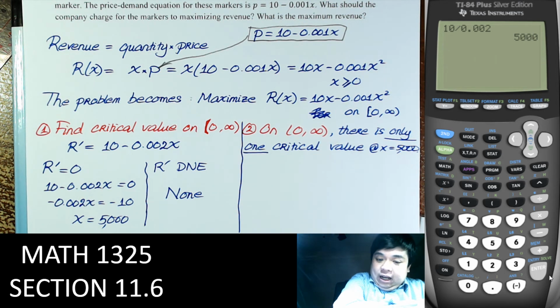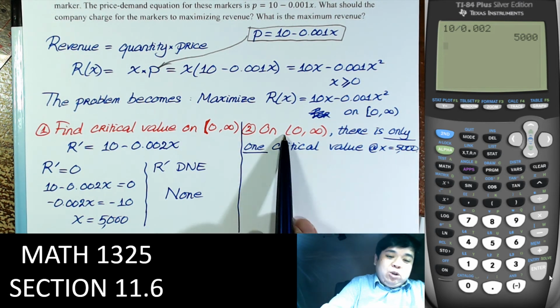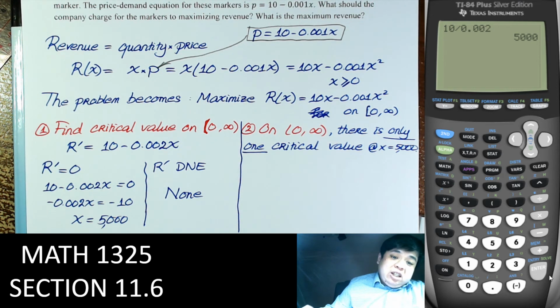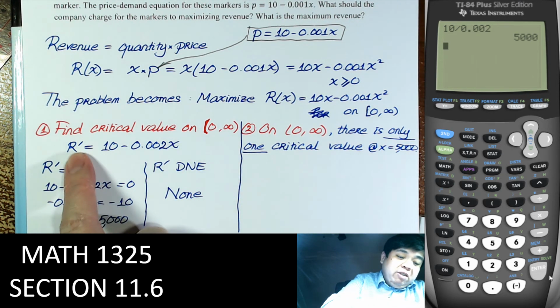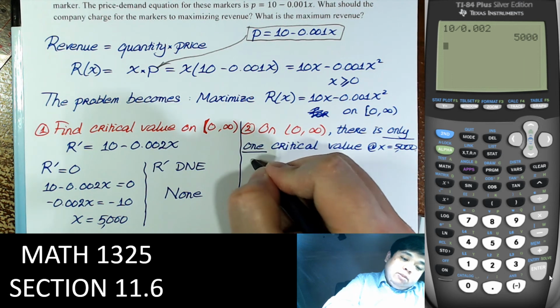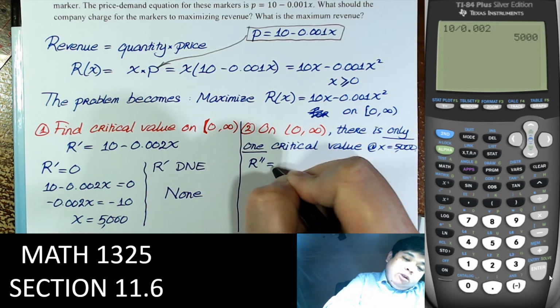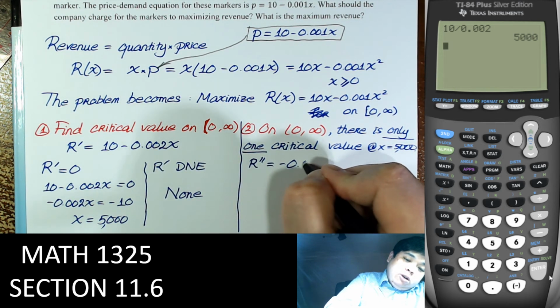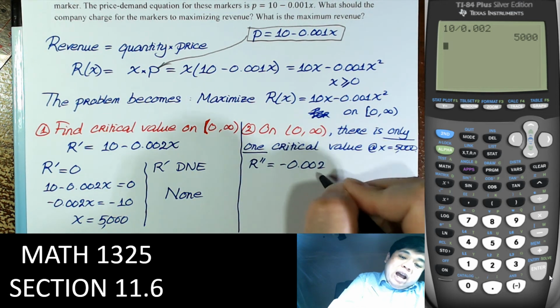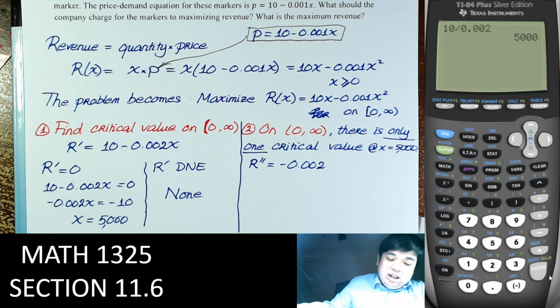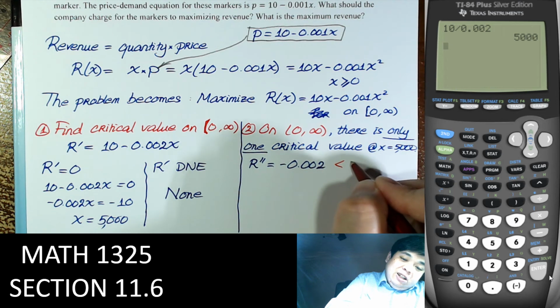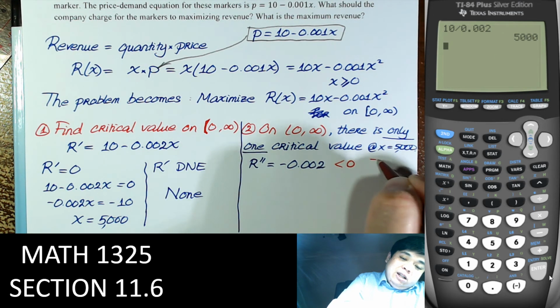So there are a lot of different ways to do that. First derivative test, second derivative test, or we don't want to put everything on the table but have to use the limits. I've used the second derivative test because the derivative is easy to determine. The second derivative will be negative 0.002. So it doesn't matter what x is, the second derivative is negative, meaning it is concave down.